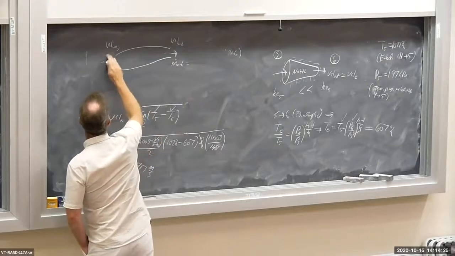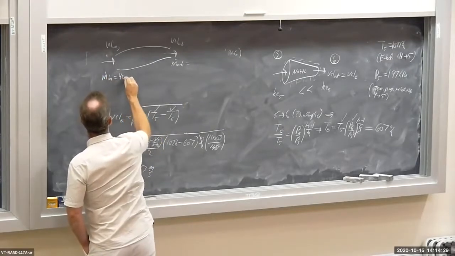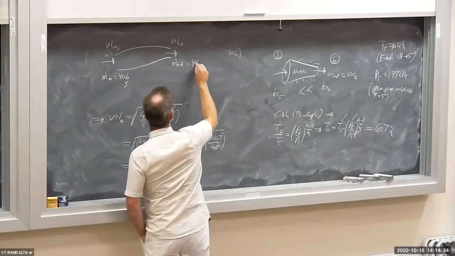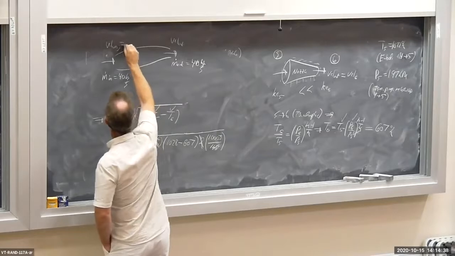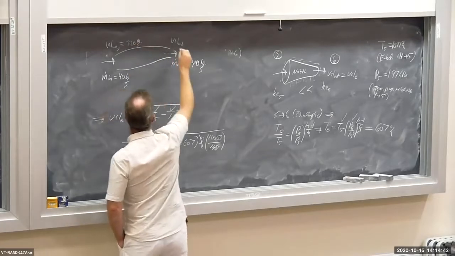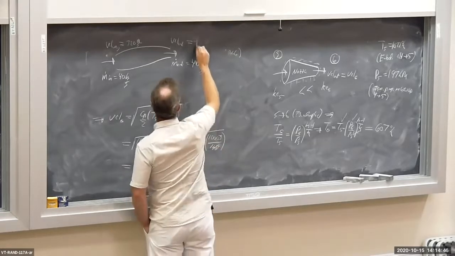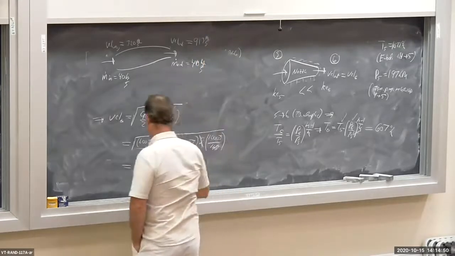So M dot in and out are both 40 kilograms per second. That's M dot for the air. The inlet velocity is 320 meters per second. That's a given. And the outlet velocity, which we just calculated, is 913 meters per second.